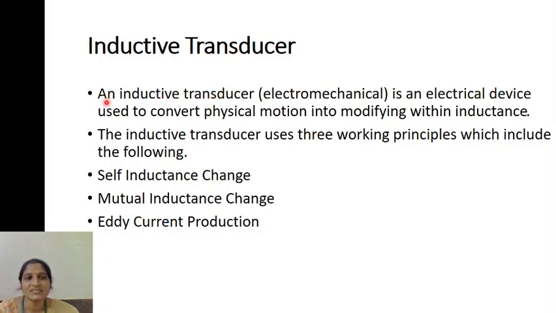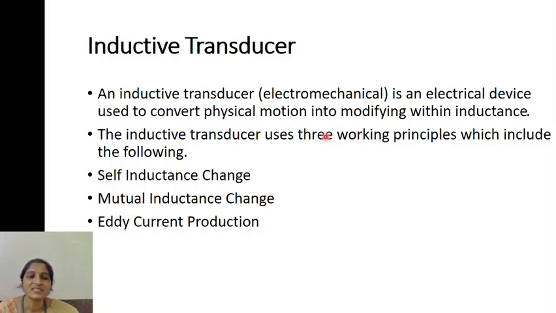The definition: an inductive transducer is an electrical device used to convert physical motion into a modified inductance. By converting the motion into inductance change, you can measure the physical motion. So how can you measure this inductance?